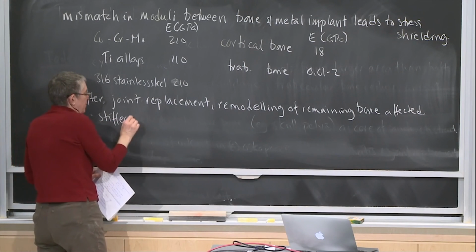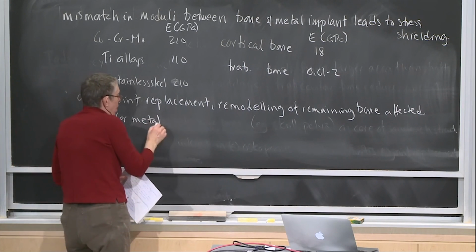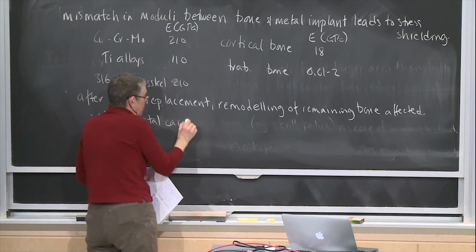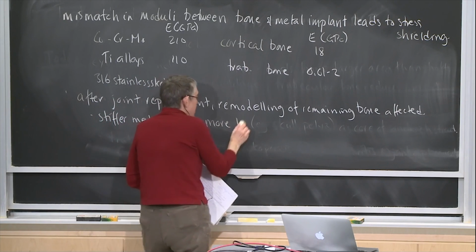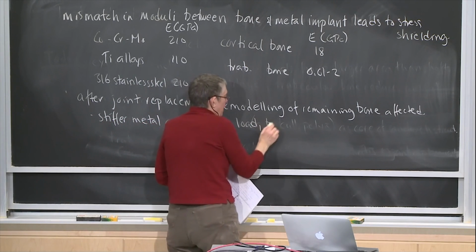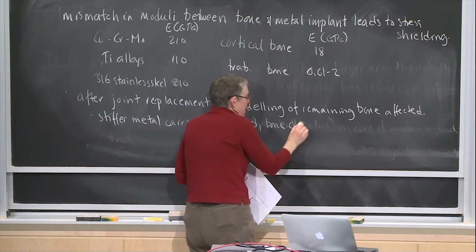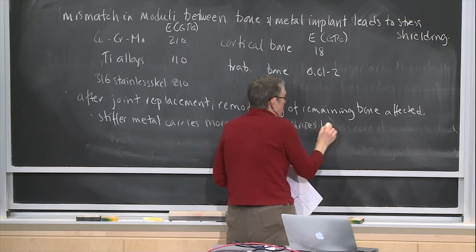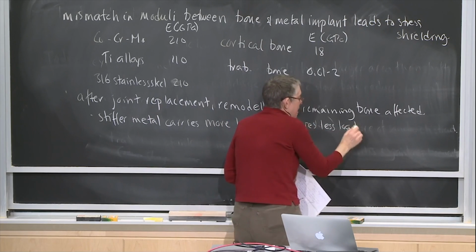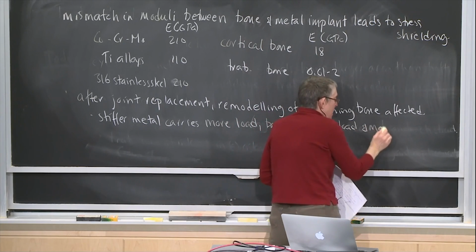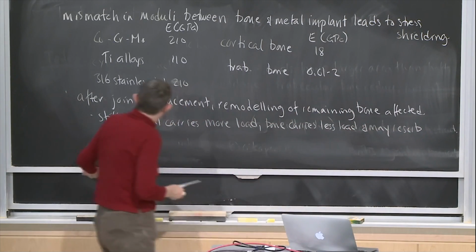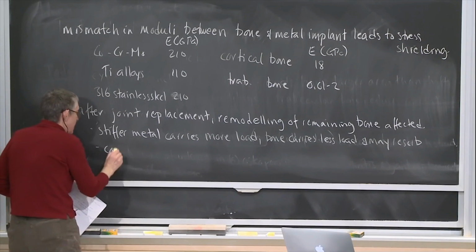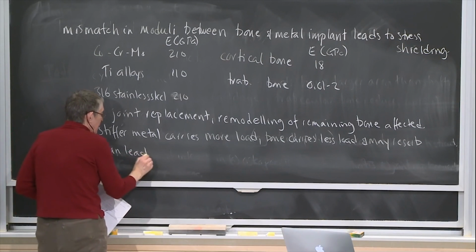So the idea is that the stiffer metal carries more of the load, and then the bone carries less load, and then it resorbs. And that can lead to this thing called loosening, which is not desirable.